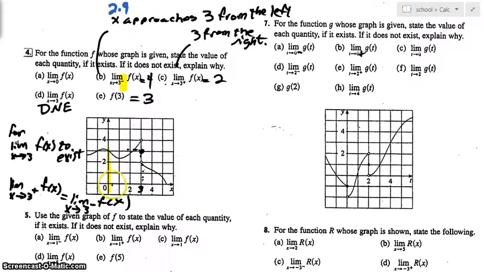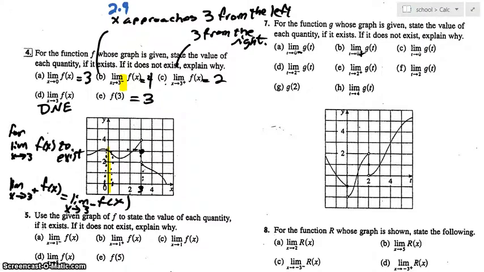Whether I go to the right or whether I go to the left, it looks like I'm going to get very close to what y value? 3. And I can write a 3 this time because I have just checked that from the right side and from the left side, I'm in agreement.